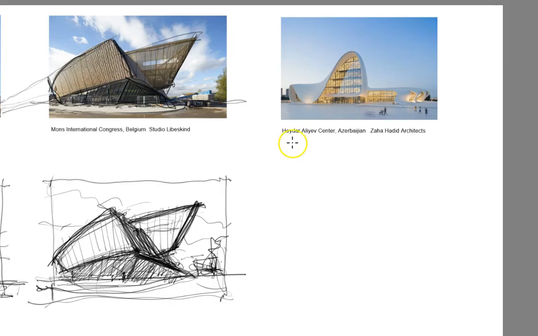All right, so we're going to look at the Heydar Aliyev Center, Cultural Center in Azerbaijan by Zaha Hadid. An amazing woman. She passed away just a couple of years ago from a heart attack in her 60s, quite young actually. Had a very strong vision of architecture and the fluidity of architecture. And I'm intrigued by her work.